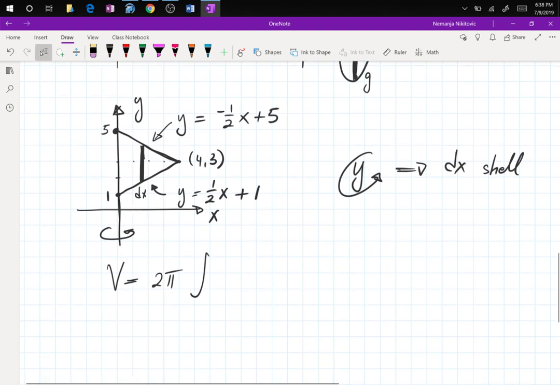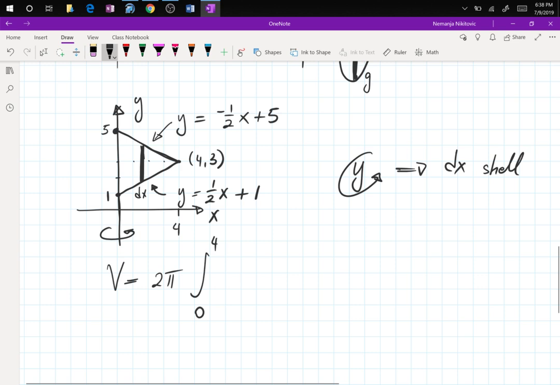So if it's a dx integral, then I need x limits, which are 0 to 4, because that's how far out delta x is going to go. It's going to start on the y-axis, where x equals 0, and then move out to x equals 4, taking on every value along the way. So the limits are 0 to 4.